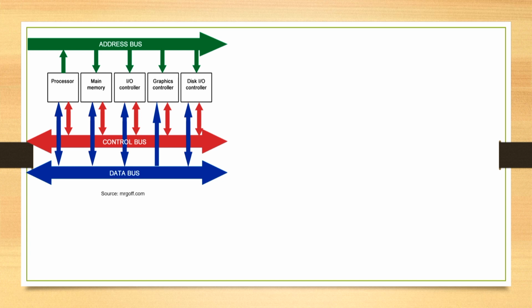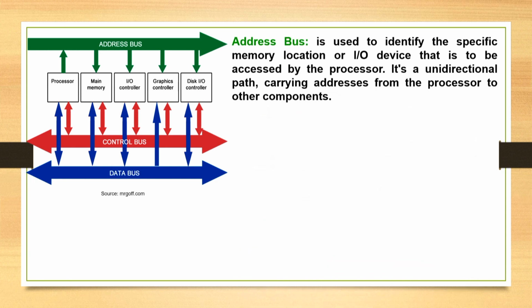So let's start with the address bus. The address bus is used to identify the memory location. Memory location means where the data is stored. So why do we need that? Because the processor wants to access the data from the memory on which it will do the processing.